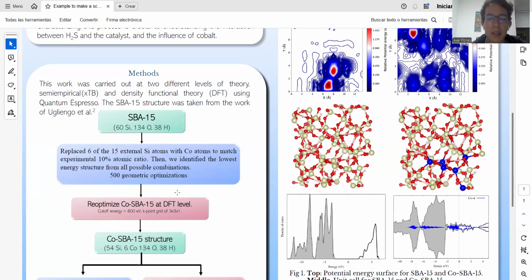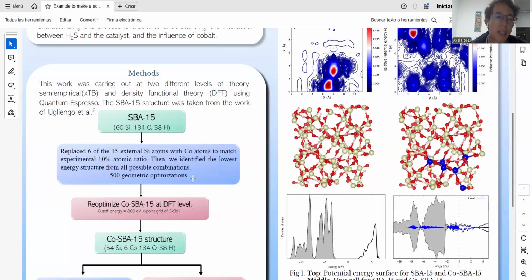Now, this may sound a little easy. However, there are more than 500 combinations. So that's the reason we are using the semi-empirical method to get the lowest energy structure in a qualitative way.